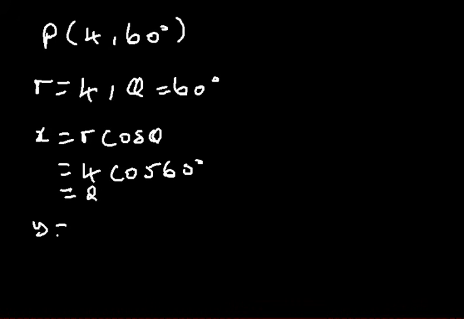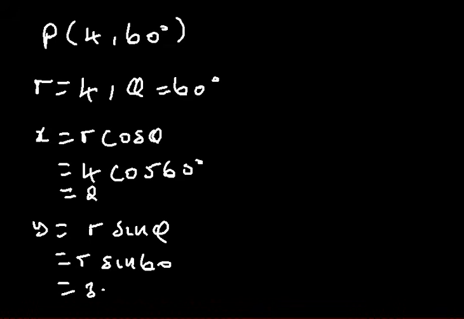And we have y, that is r sin theta, which is r sin 60 degrees. That will be given as 4 times sin 60 degrees, which is about 3.5. So therefore the point B is given as 2, 3.5. That is how it should be in the rectangular coordinate system.